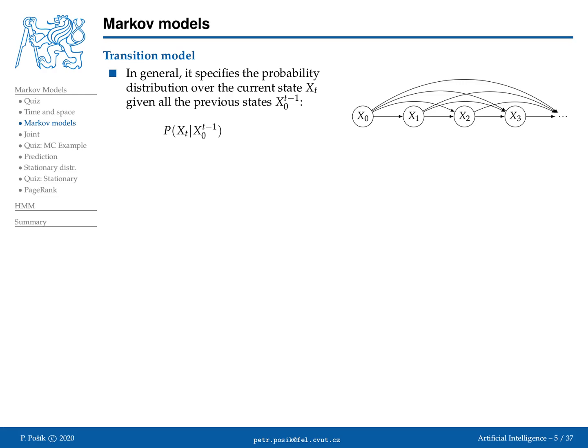Now let's move to the Markov models. This is the picture that you have seen already several times, where each variable depends on all its predecessors. So if you want to describe this model, you have to specify all of these conditional probabilities.